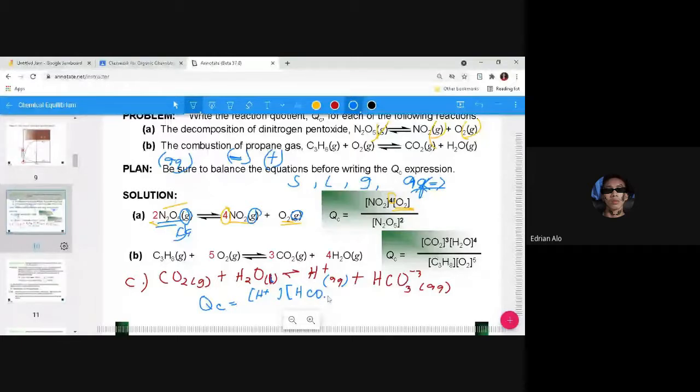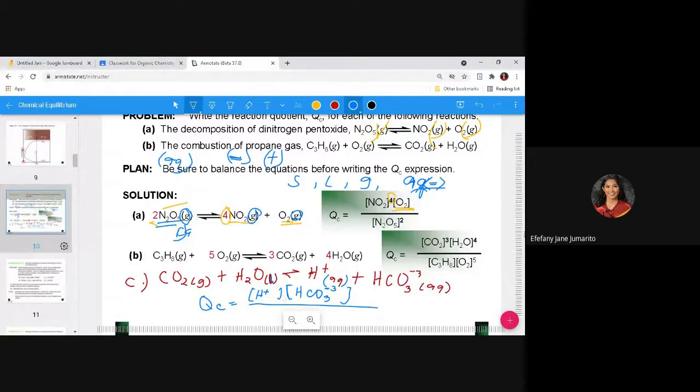Ma'am, the negative 3 there, what do you call that? That's our superscript, raised to the negative 3. These are anions.